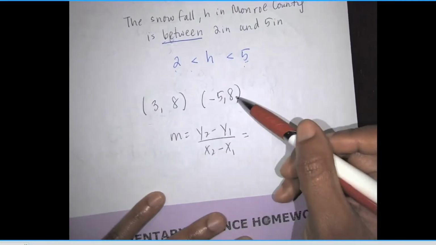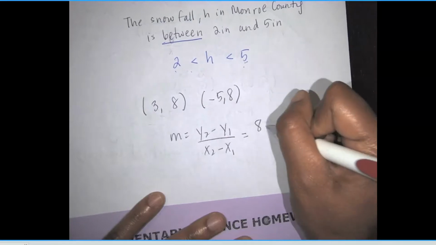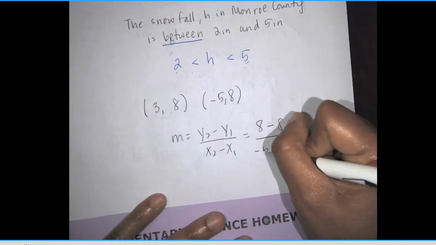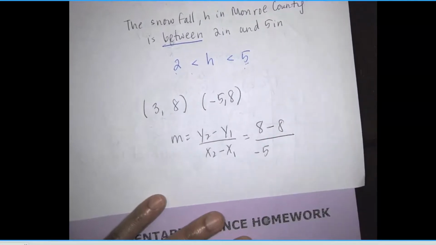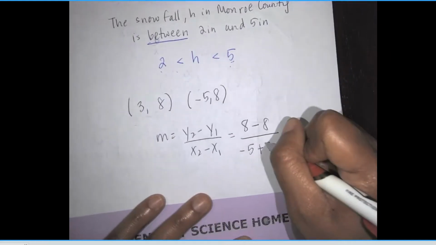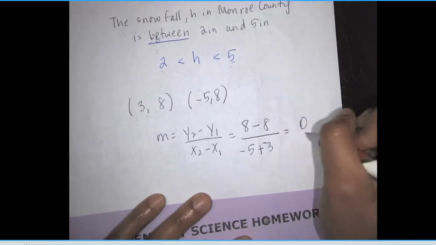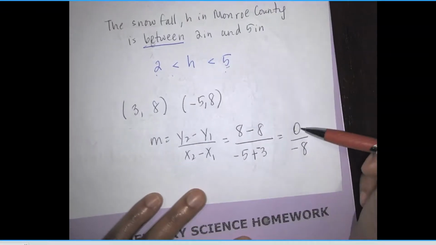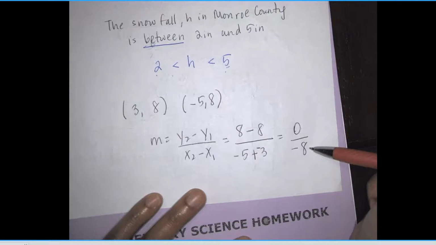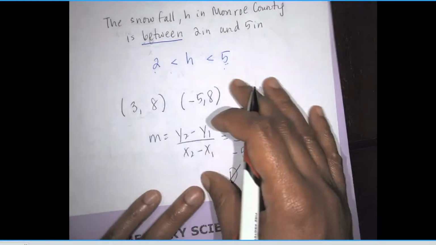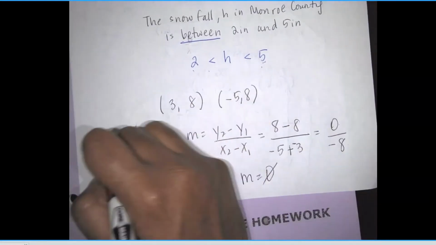So I get 8 minus 8 over negative 5 minus 3. I change the subtraction to a plus, and what you get is 0 in the numerator and a negative 8 in the denominator. So m equals 0. This would be a horizontal line, and let's graph it real quick so you can see it.